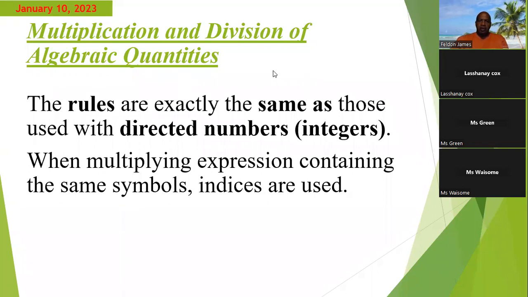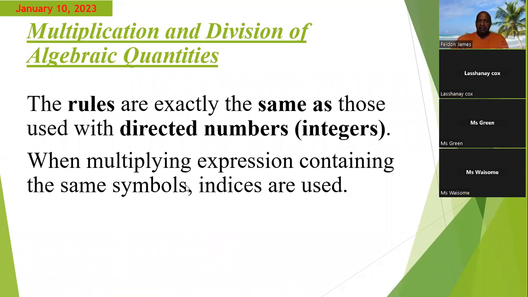So when we are multiplying expressions consisting of the same symbols, indices are used, right? You remember we talked about power, the power meaning that it tells the number of times the number occurs when you're multiplying the same base.